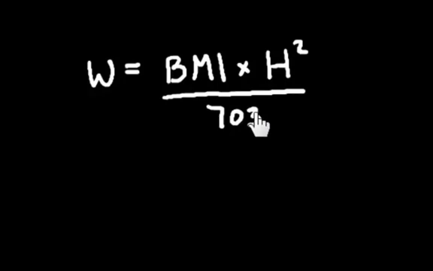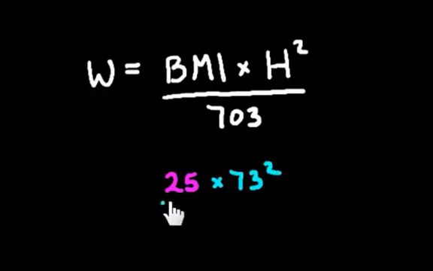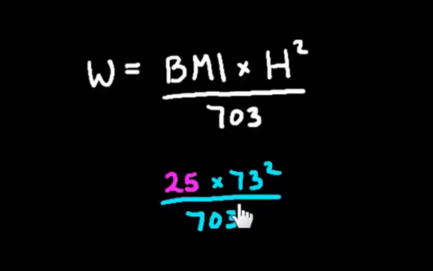Let's say that I wanted to figure out what to do if I have a BMI of 25. And I know that my height probably won't change. I'm not going to grow anymore. And 703 is the number we always have to use when we're using the conversion from pounds to kilos and inches to meters. So what does that equal?